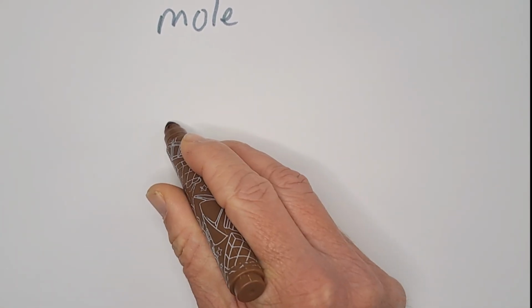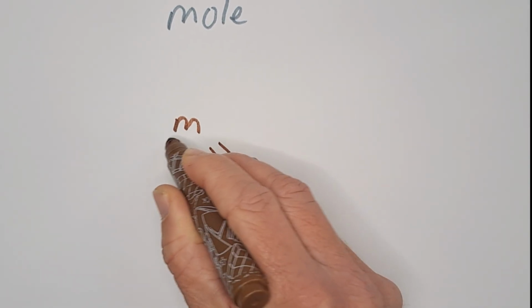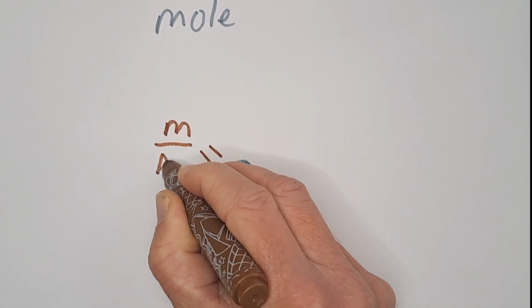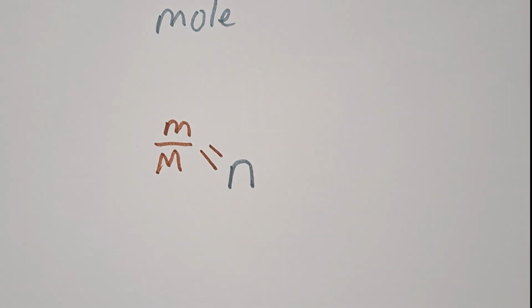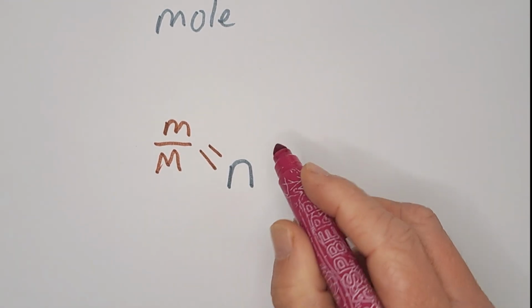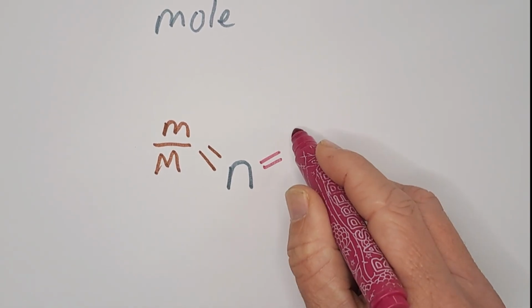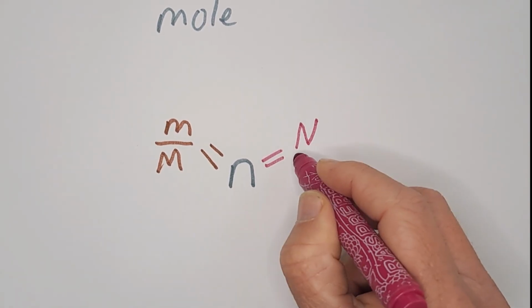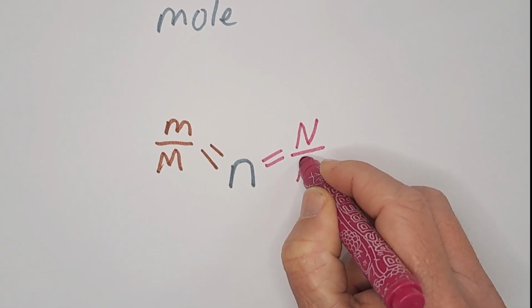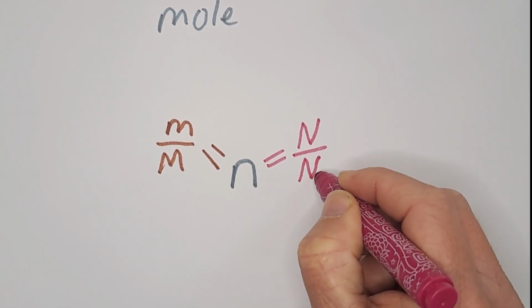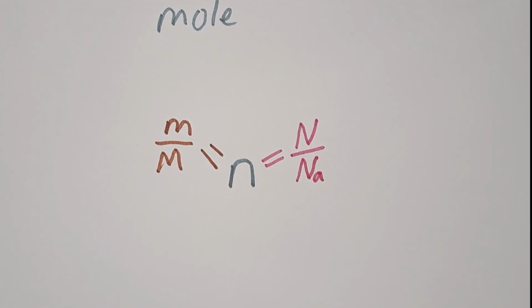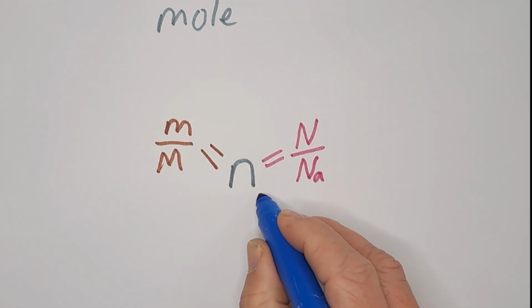So the first one is going to be mass, small m, over molar mass, capital letter M. Then the next one is going to be mole equals to the number of over a constant which is known as Avogadro's number. Then the next one after that is when we're dealing with gases.